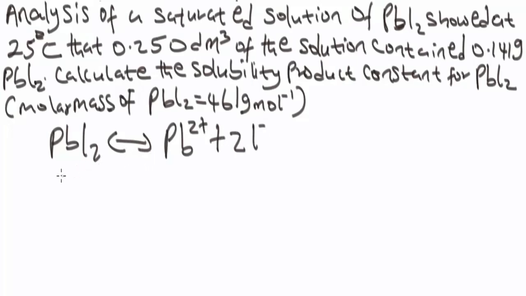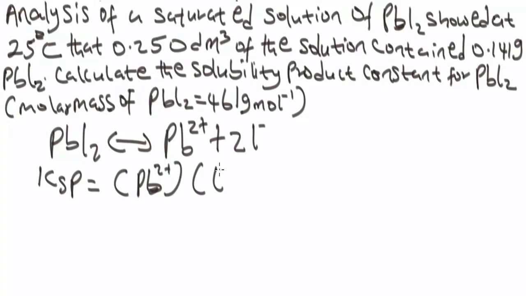So the Ksp will be the product of the lead-2 ion and the iodine ion, each raised to the power of its stoichiometric coefficient. So that of lead here is 1, that of iodine here is 2.